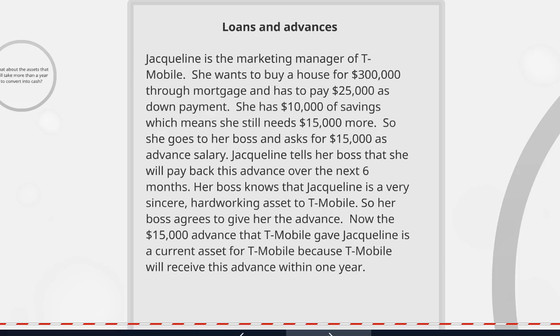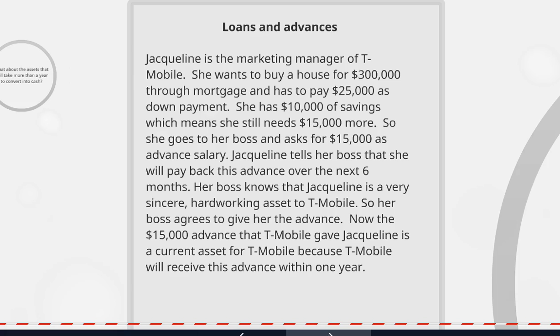Jacqueline tells her boss that she will pay back this advance over the next 6 months. Her boss knows that Jacqueline is a very sincere, hardworking asset to T-Mobile, so he agrees to give her the advance. Good for her. Now the $15,000 advance that T-Mobile gave Jacqueline is a current asset for T-Mobile.